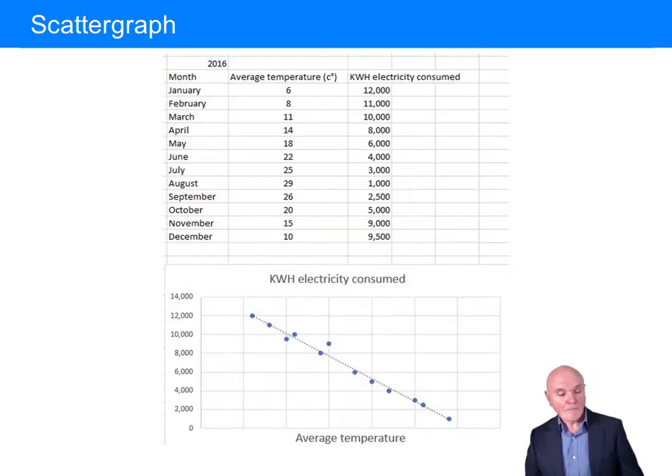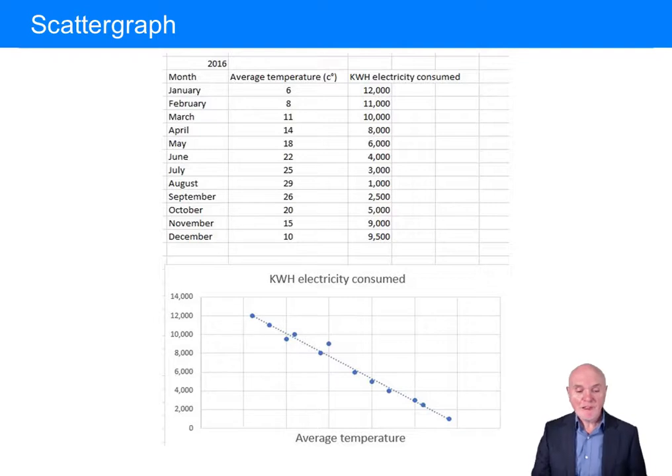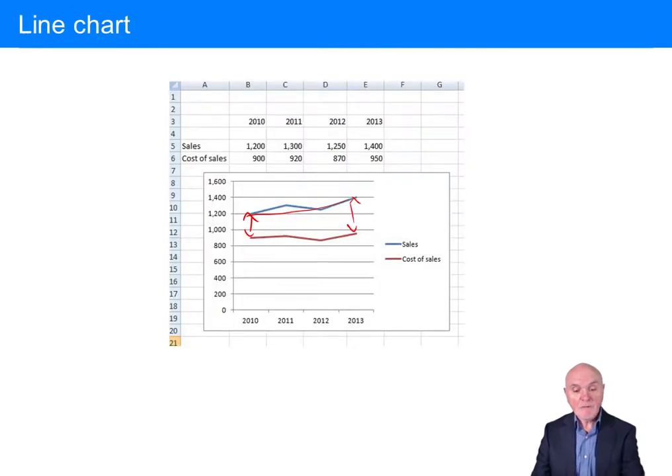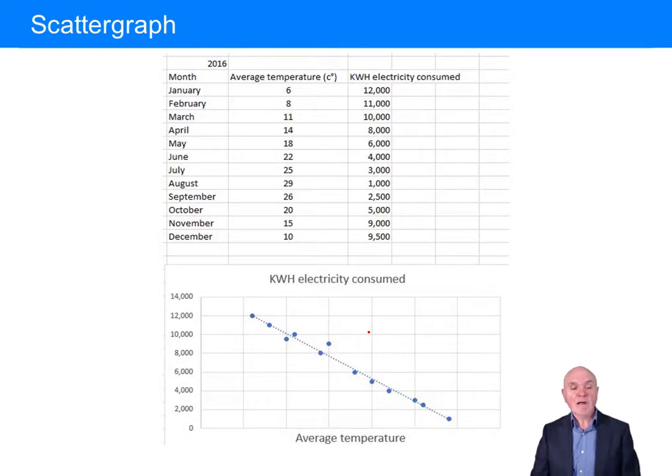A scatter graph. A scatter graph is where we basically graph two variables. Both of these here had time along one of the axes. We're not doing that anymore in these particular scatter graphs. We want to see what is the relationship between average temperature and the amount of electricity that has been consumed in any particular month.